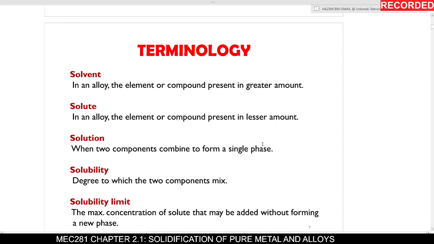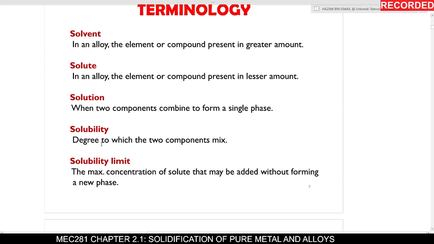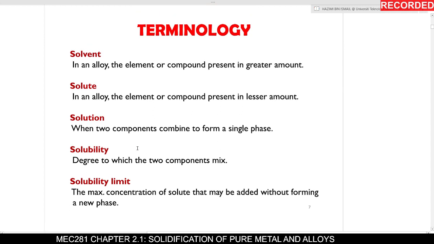Okay, phase here means solid, liquid and gas. So the solutions mean that it must be in a single phase, either liquid, solid or gas. Okay, solubility, the degree to which the two components mix. Okay, how good they are to be mixed together.